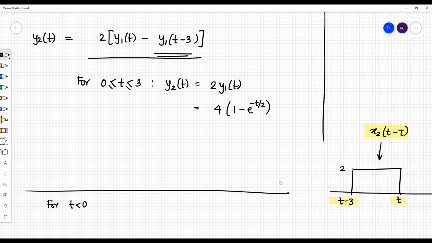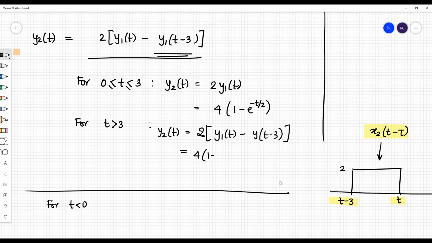Next, for t greater than 3. For t greater than 3 is when this signal has also come into the picture, right? And in that case, y2(t) would be what? Now y2(t) can be written as 2 times y1(t) minus y1(t-3).